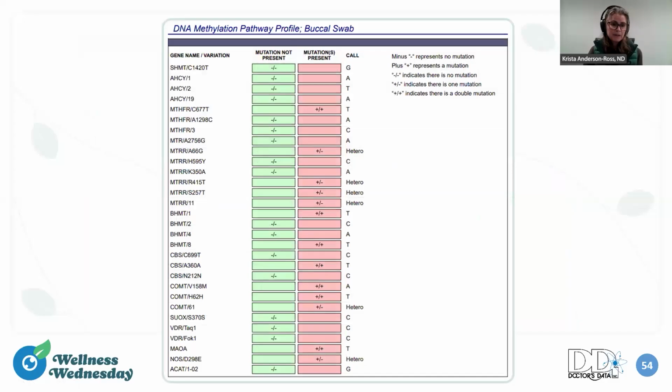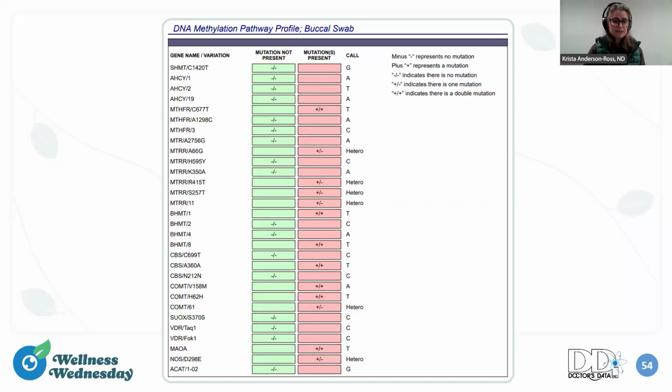The DNA methylation buccal swab test evaluates key genetic SNPs, especially those that govern how well we produce and recycle methyl groups. It includes well-known genes like MTHFR, MTR, MTRR, and BHMT, which are going to affect how efficiently we convert folate and B12 into usable forms like methylfolate and methylcobalamin, as well as MAO and COMT that regulate neurotransmitter breakdown, and COMT for phase 2 methylation.